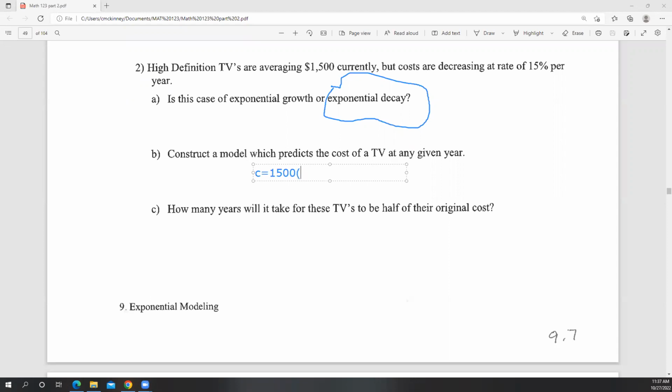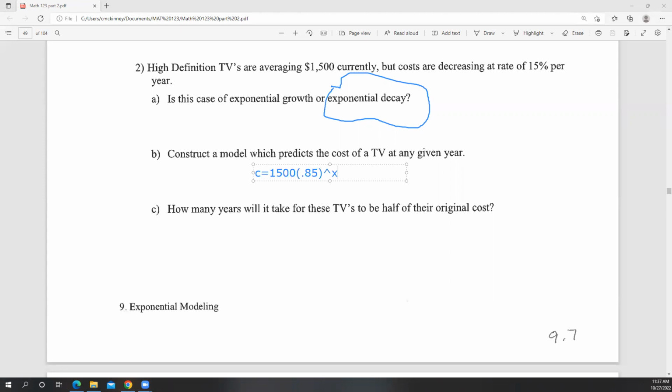So what are we going to put in here? 0.85. So 1, take away the 15%. So like if I want it next year, I could just do 1,500 times 0.85. And this would be a number of years.